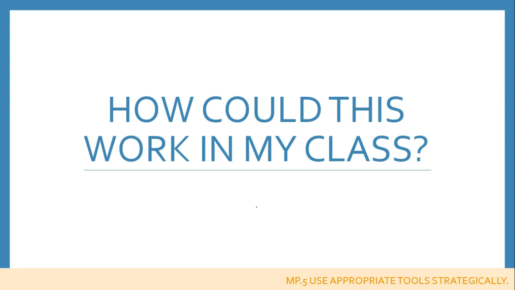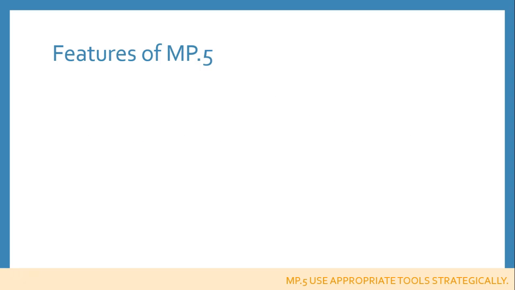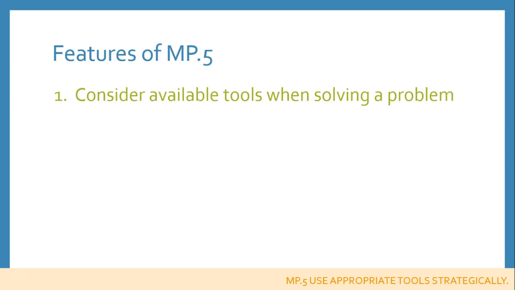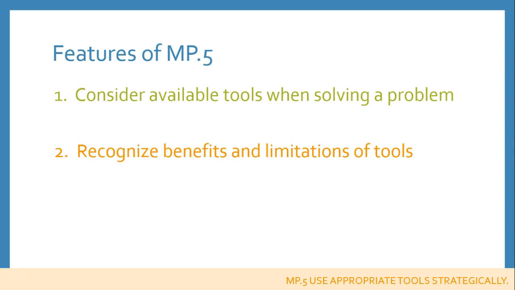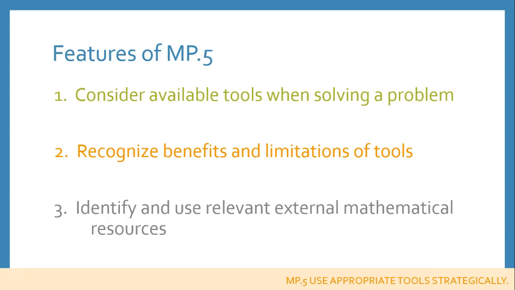When you work with Mathematical Practice 5, you'll be guiding your students to consider available tools when solving a problem, recognize the benefits and limitations of those tools, and identify and use relevant external mathematical resources.